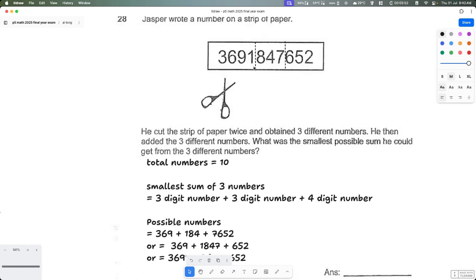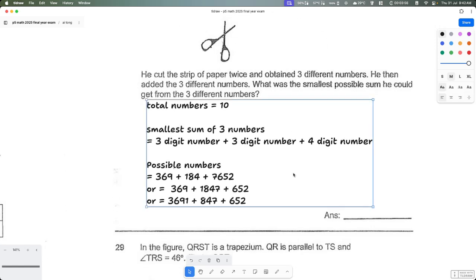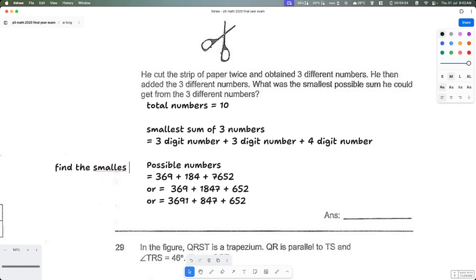Okay, so in essence, we just want to find the smallest 4-digit number. Okay, in this case over here.